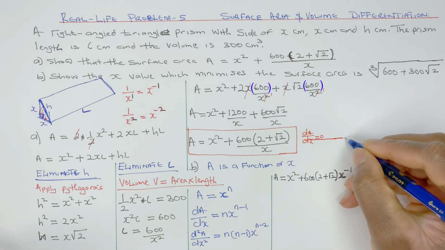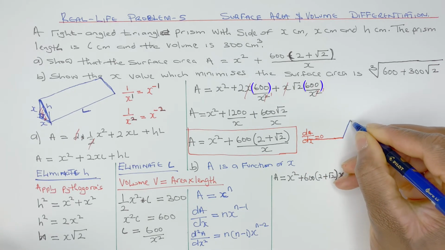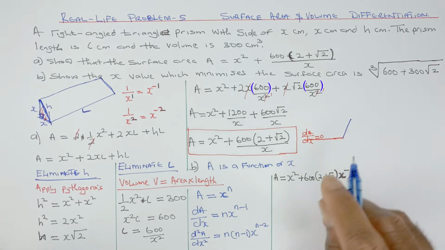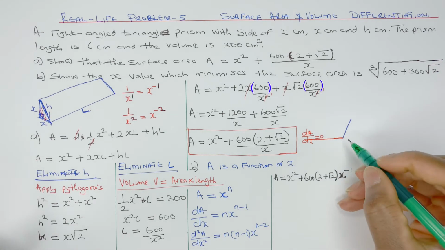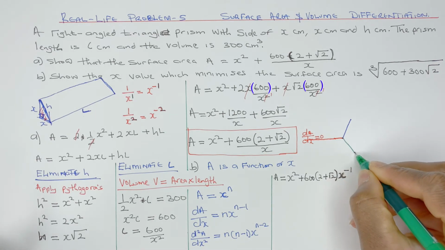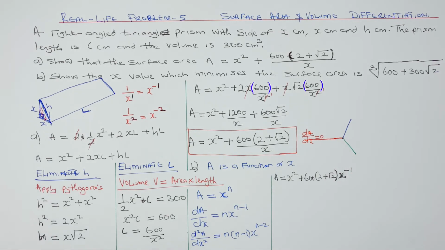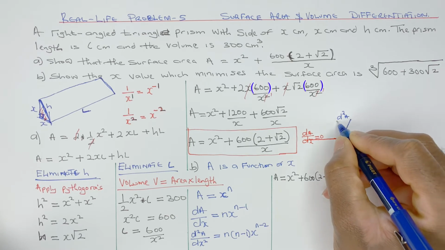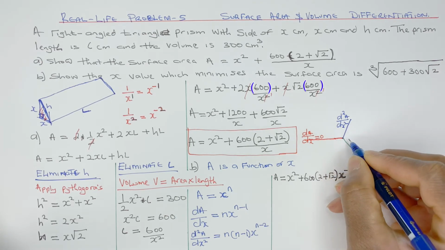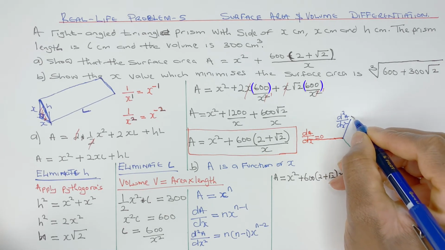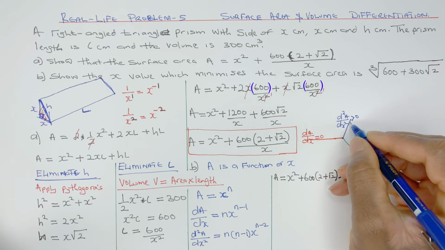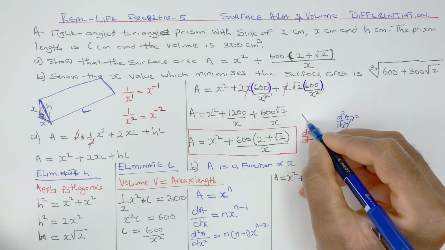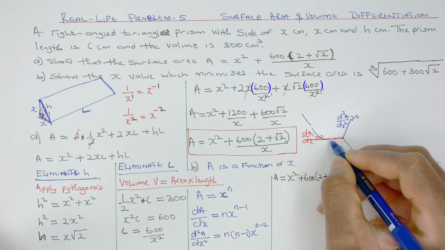If you then differentiate again, you will get a positive second derivative, or you might get a negative second derivative. If d²A/dx² is greater than 0, so that's positive, that would give a minimum.